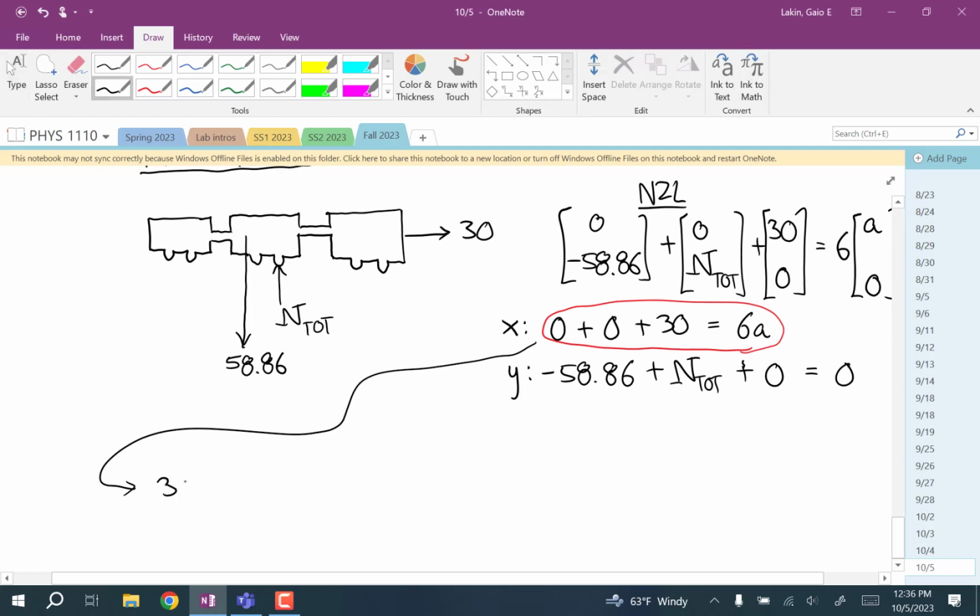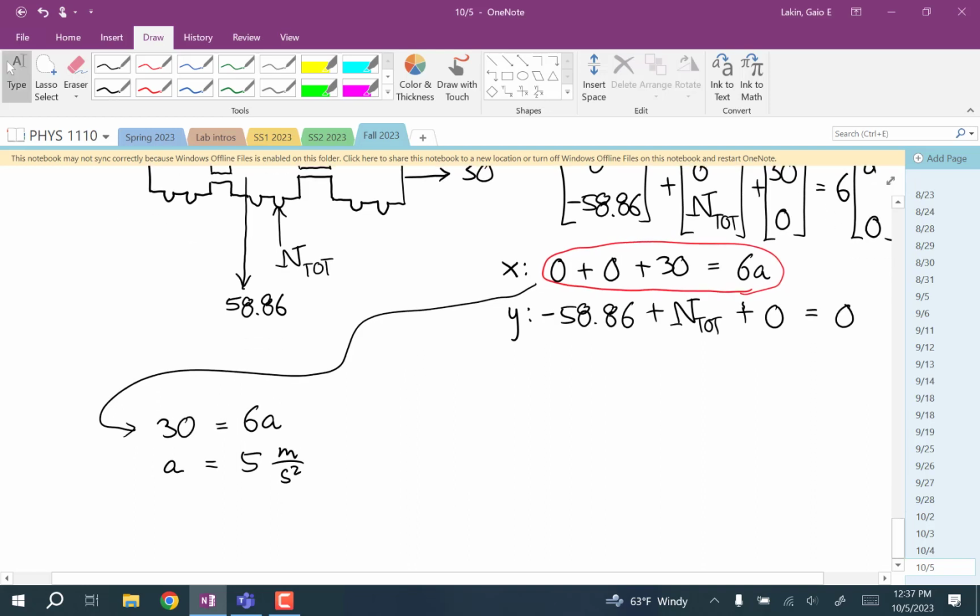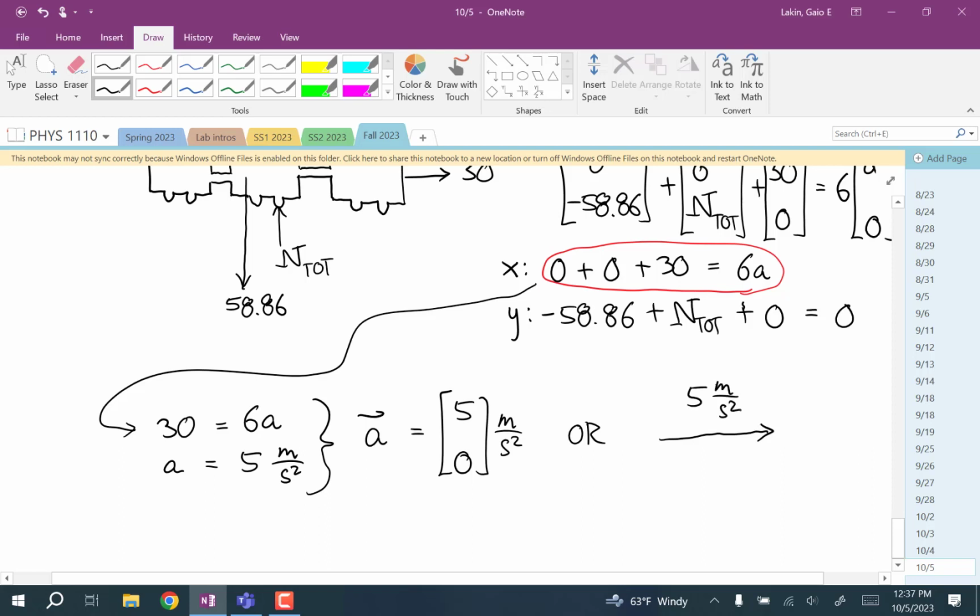And so that says 30 is equal to 6a, and so a is equal to 5 meters per second squared. And then put that in the acceleration vector, and you get 5, 0, which if you're trying to interpret what's going on, that's an acceleration in the positive x direction with a magnitude of 5 meters per second squared.